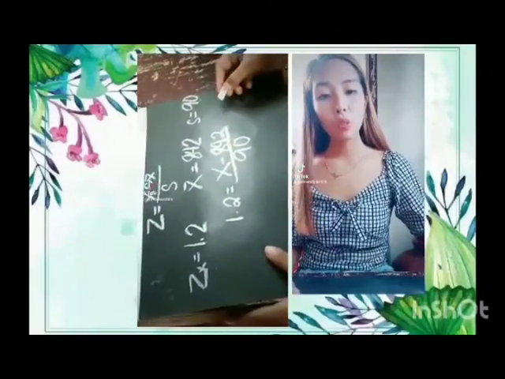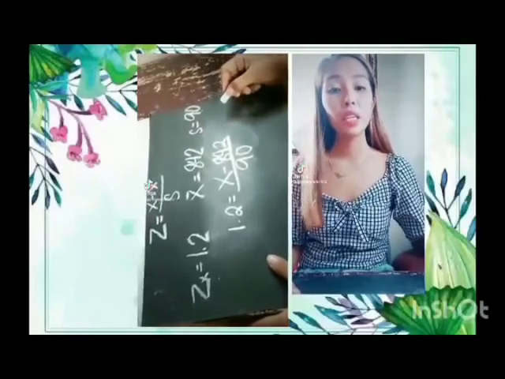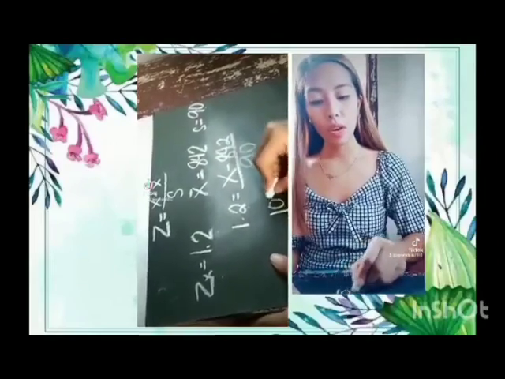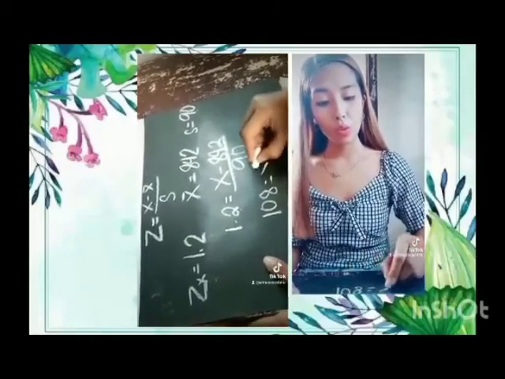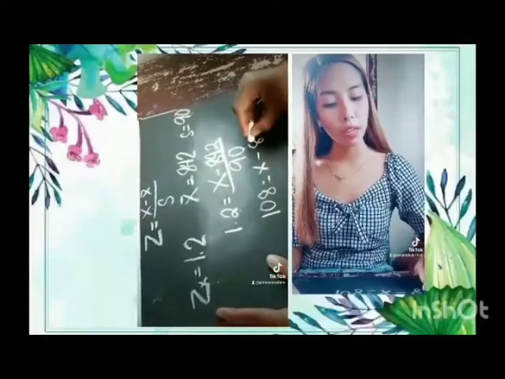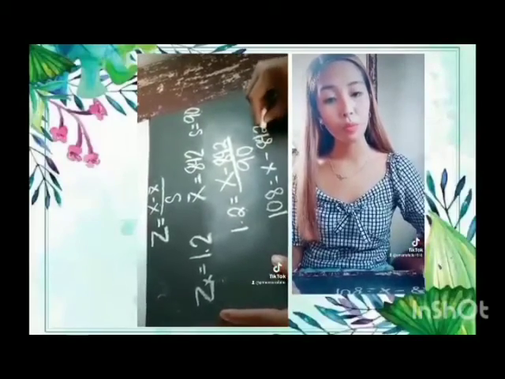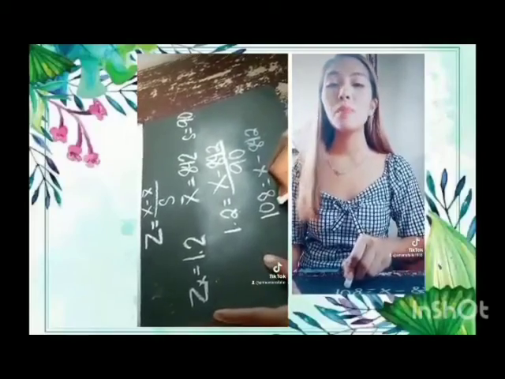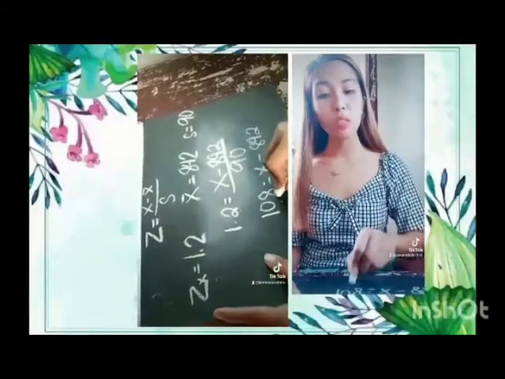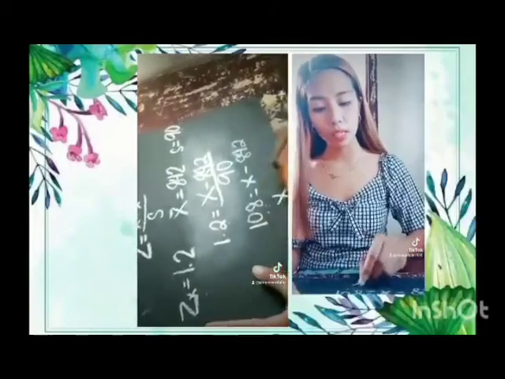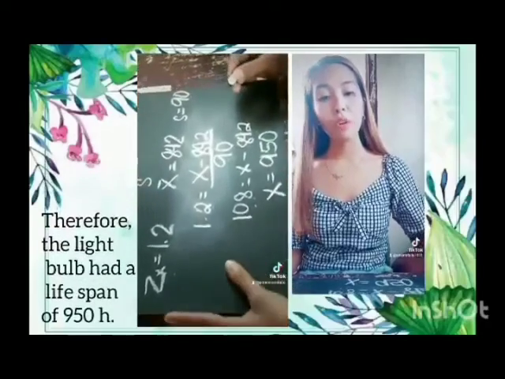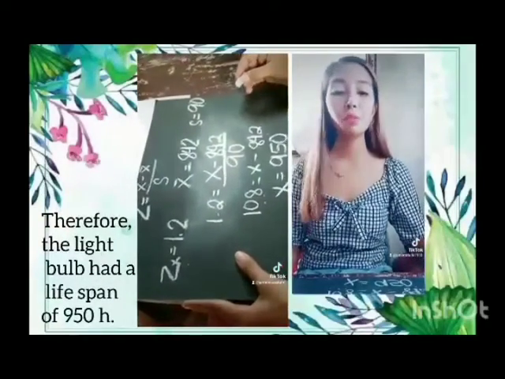In this equation, we multiply 90 by 1.2 and the answer is 108, equals x minus 842. Now, we add 842 to 108, or simply transpose 842, and the answer is 950. Therefore, the light bulb had a lifespan of 950 hours.